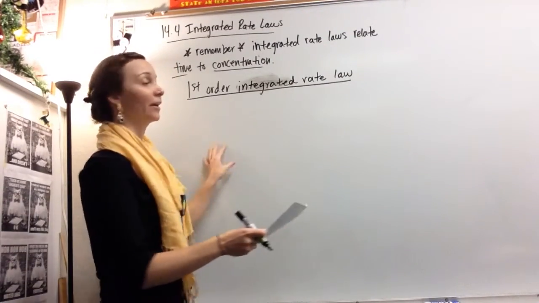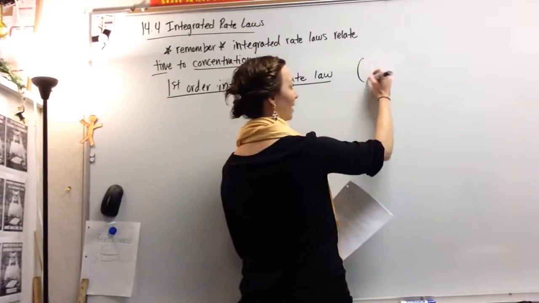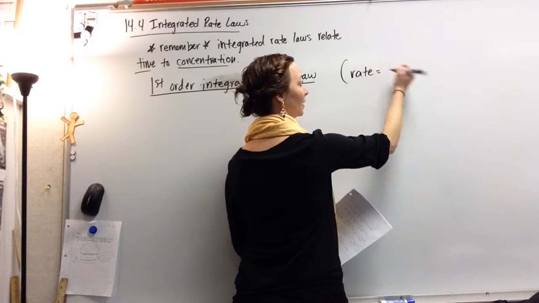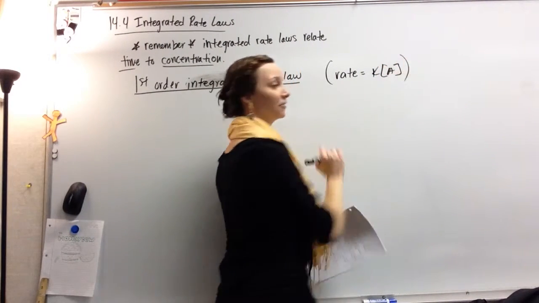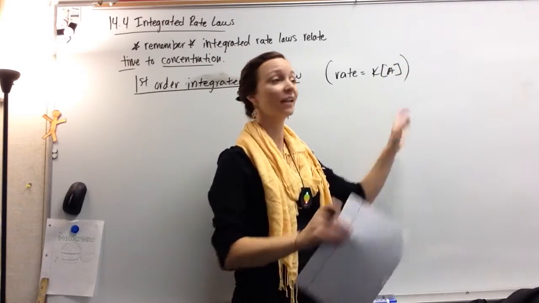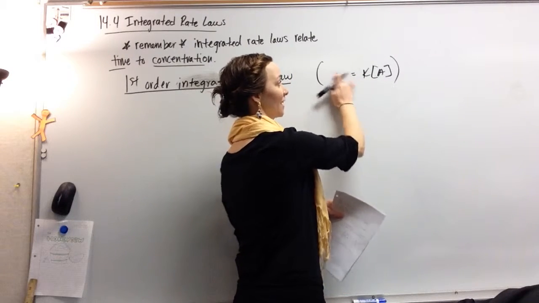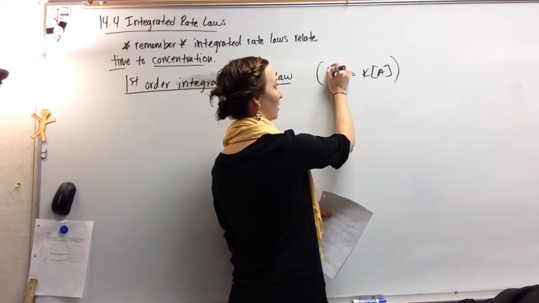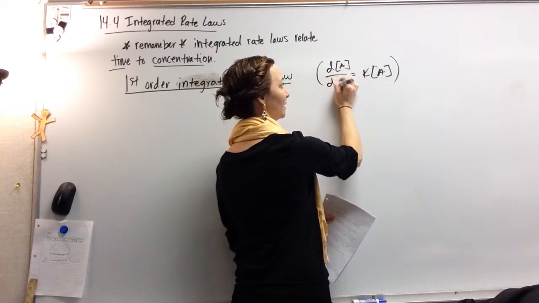So the important part, guys, is that you can take a first order rate equation. So what I mean by that would be rate equals k times the concentration of A. Okay, that's first order because there's nothing written here. This is a first order differential rate equation. If you integrate this, okay, and I'll give you just a slight hint to the calc people out there, that would be d of the concentration over d time.